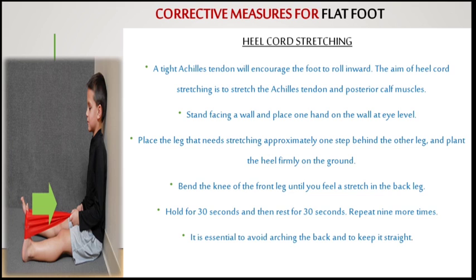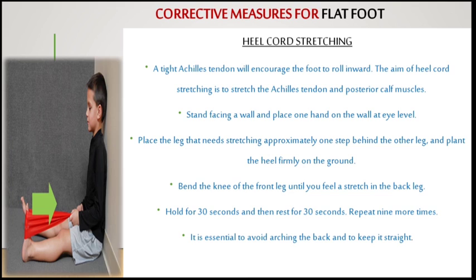Then stand facing a wall and place one hand on the wall at eye level. Place the leg to be stretched approximately one step behind the other leg and plant the heel firmly on the ground. Then bend the knee of the front leg until you feel a stretch in the back leg.